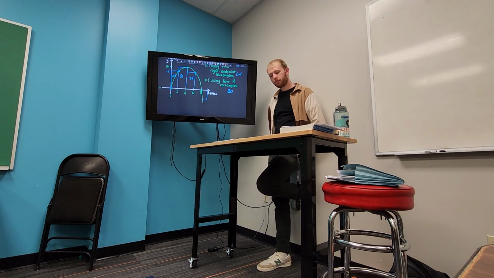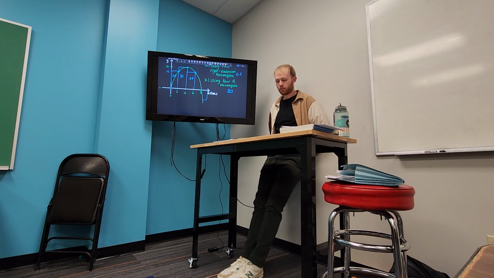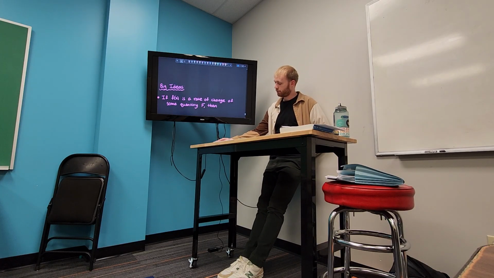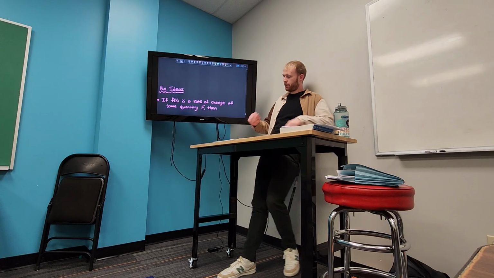Okay, you guys are fine with this. Okay, good. So I just really wanted to hammer this home, and all of this goes to say, here's the big idea. I want you to copy this down and have it in your notes.